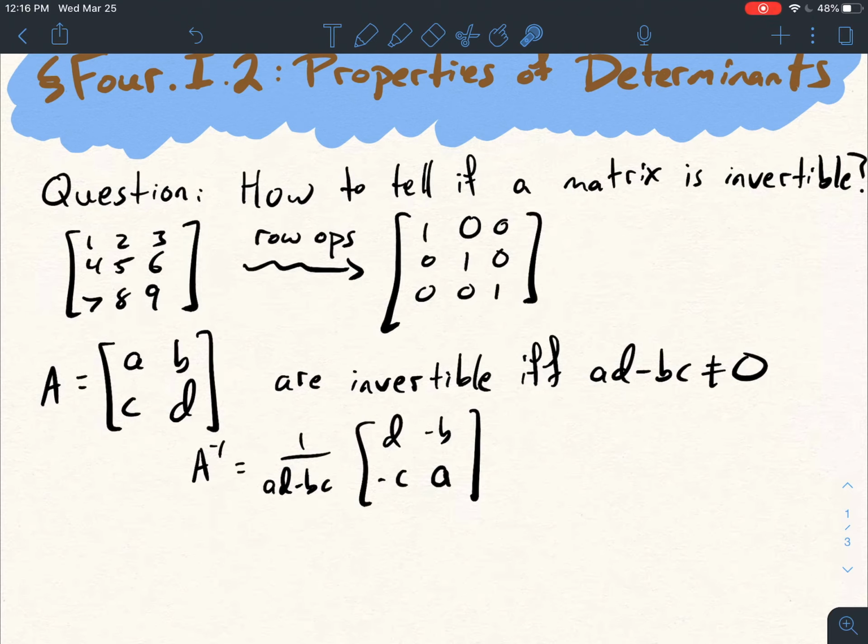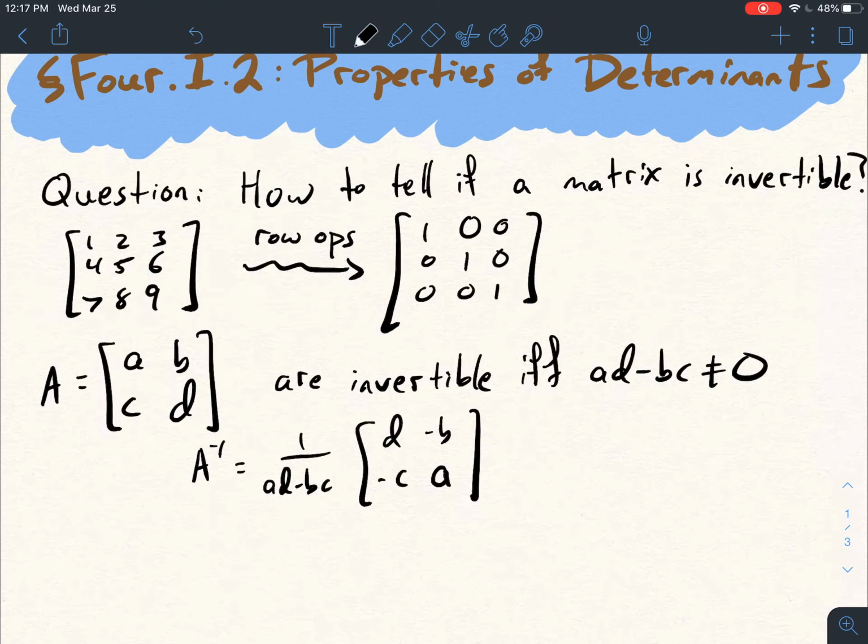There's not always going to be a simple, easy to remember formula for matrices like there is in this case, but having this number to check whether a 2x2 matrix is invertible is nice.